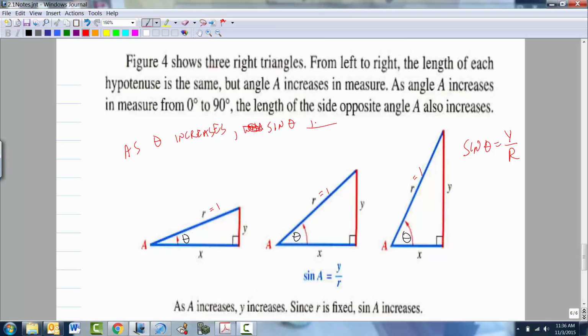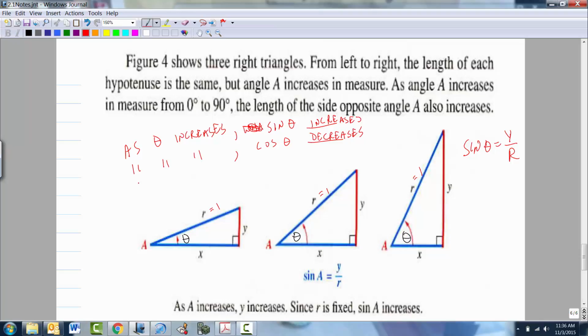Increases. Since y is increasing, but r is fixed, sine of theta increases. So as theta increases, what does cosine of theta do? Decreases, because x gets smaller as theta increases.